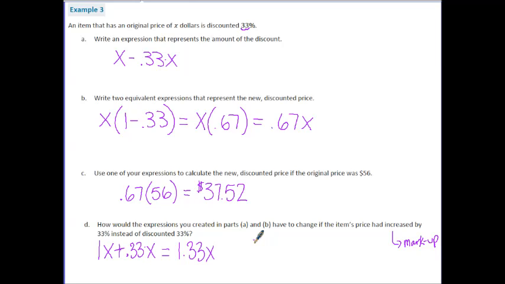Take a look at the difference here. So in this case where the price was discounted, we're taking the 100% and subtracting 33% to leave us with 67%. In the markup case, you're really taking 100% of the item and adding on 33% to give you 133% that you're paying for the item, which is equivalent to 1.33.